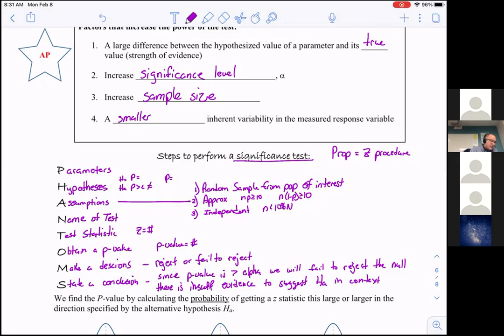I'll highlight this because there's no sense of writing it out. There's no context, it's just going to make this murky. But whenever we make a conclusion, the conclusion always has to be in terms of the alternate hypothesis. So we'll write that somewhere down here. Conclusion always in terms of alternate hypothesis.